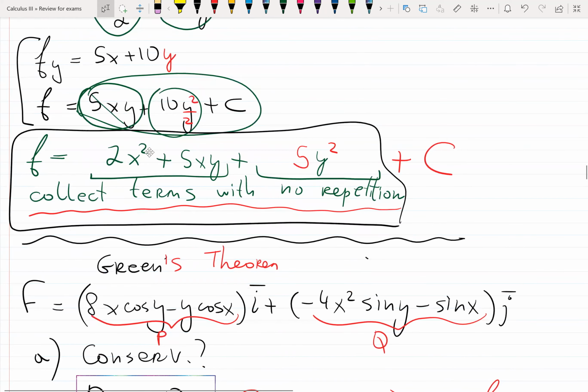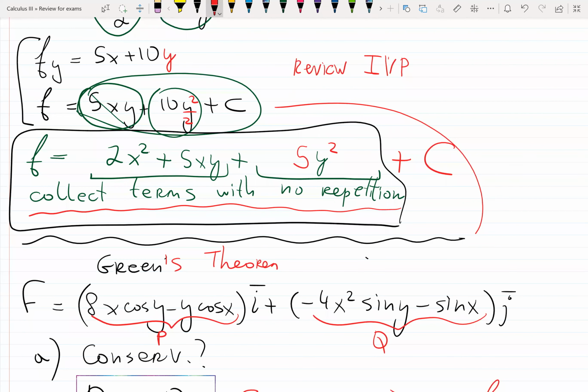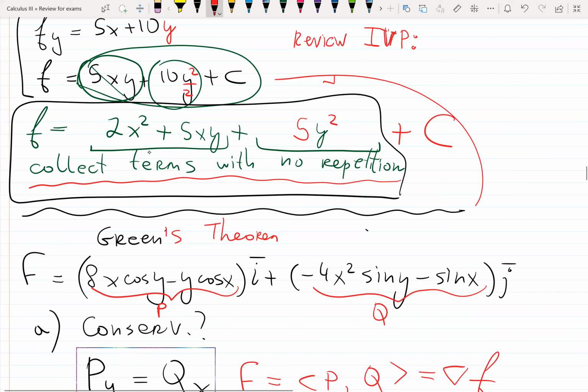Review by yourself. Review the initial value problem. Initial value problems will be hunting you in differential equations class and other classes. This is where they give you, for example, find small f, the exact one, knowing that small f at (0, 0, 0), for example, is 5.